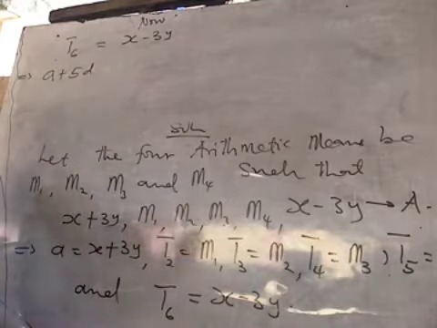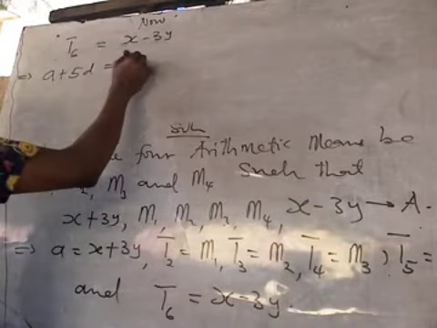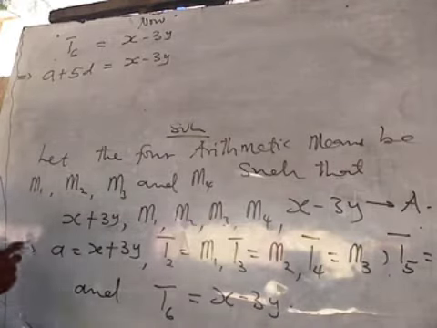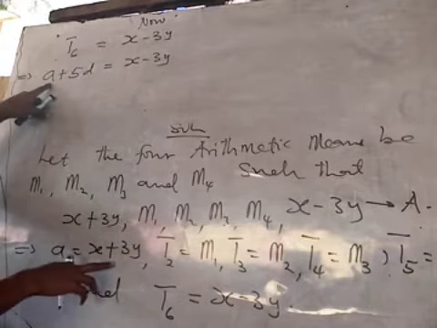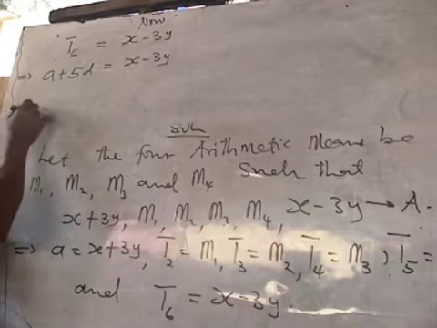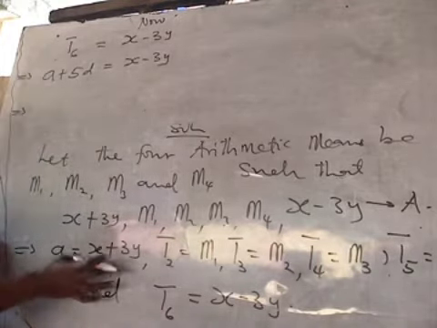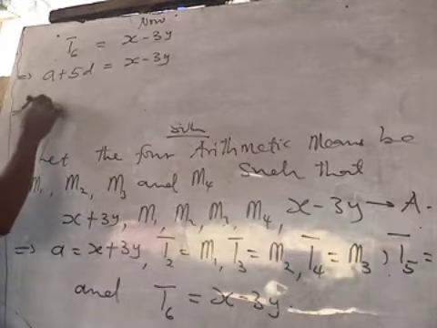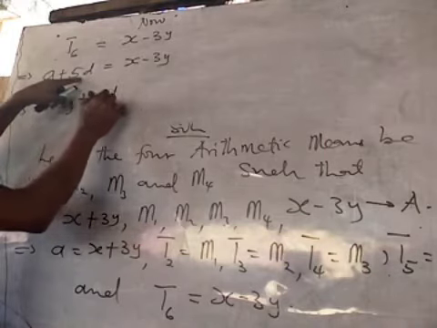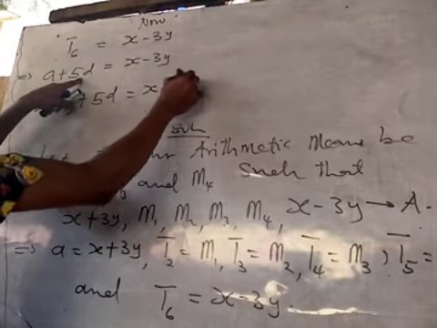We are already aware of this. And the value is equal to x minus 3y. But the first term is known to us. The first term is given as x plus 3y. So anywhere I see my a, I put x plus 3y. So this means x plus 3y plus 5d is equal to x minus 3y.